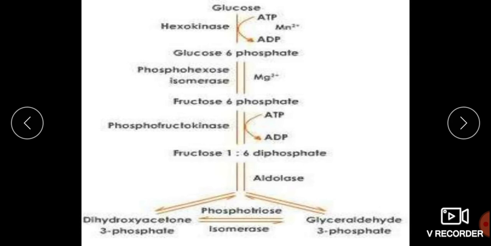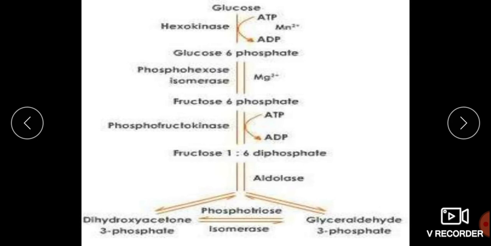The fructose 6 phosphate gets phosphorylated to fructose 1,6 diphosphate. Here, one ATP molecule gets hydrolyzed into one inorganic phosphate and an ADP molecule, and that inorganic phosphate gets attached to carbon atom number first of the fructose 6 phosphate molecule, leading to formation of fructose 1,6 diphosphate.